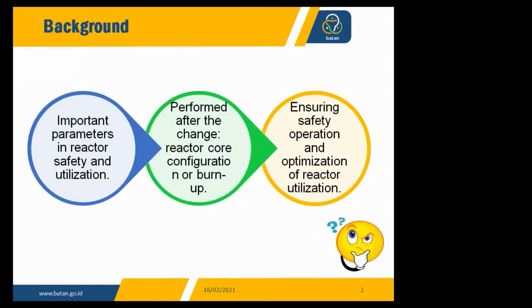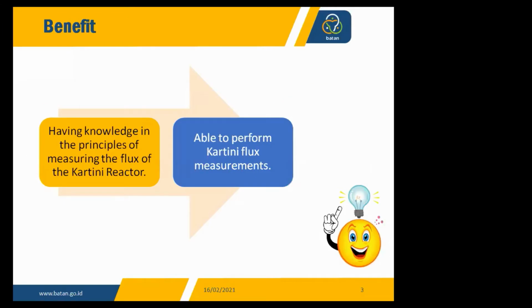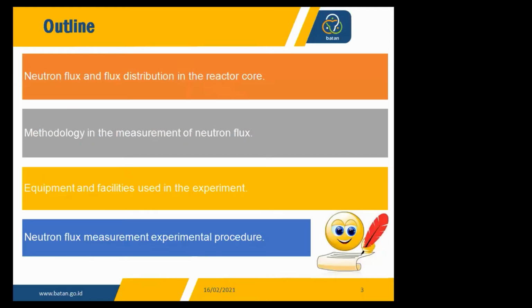It's done to guarantee safe operation and reactor utilization optimization. And then by doing the experimental procedure, we gain knowledge about the neutron flux measurement principle at the Kartini reactor. After that, we can measure the neutron flux at one irradiation position.